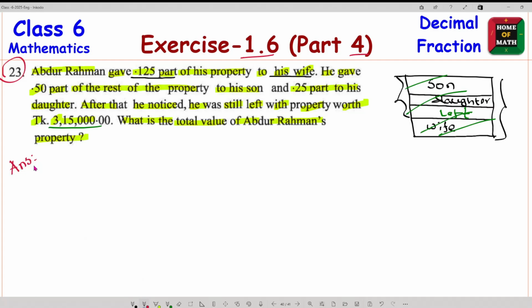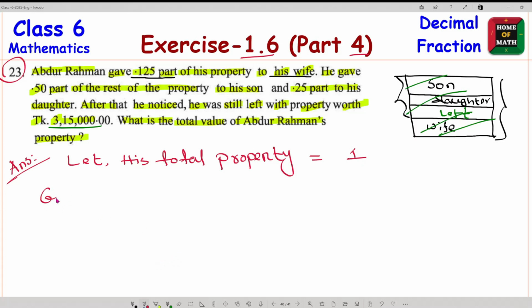Answer: let his total property equal 1. Then he gave to his wife 1 of 0.125.